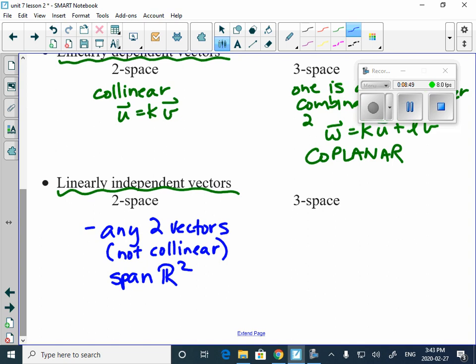In 3-space, any three vectors that are linearly independent, I can't write one in terms of the other two, they will span R3.